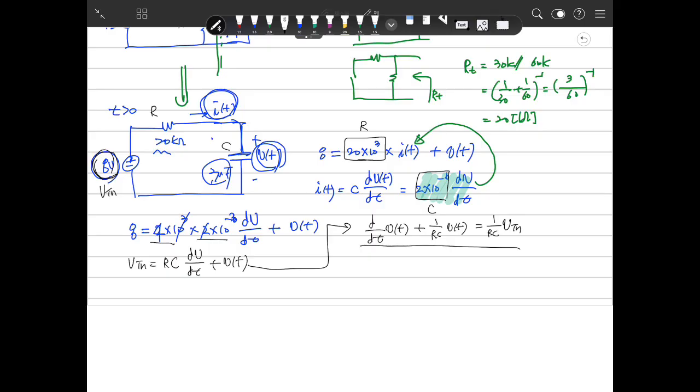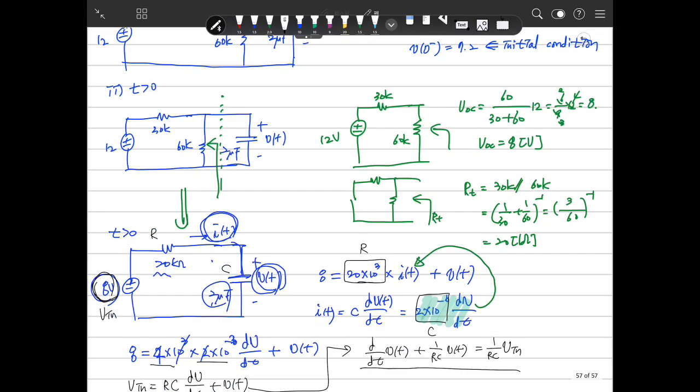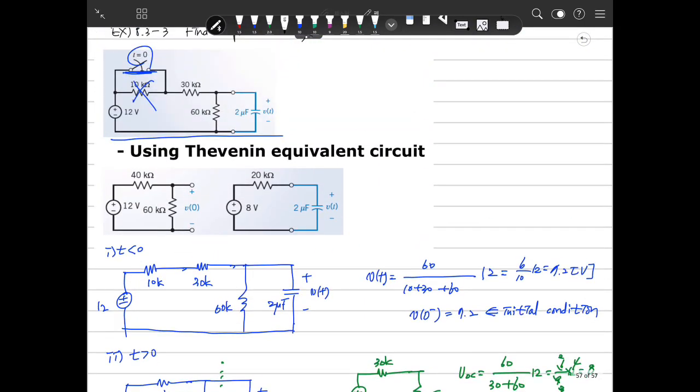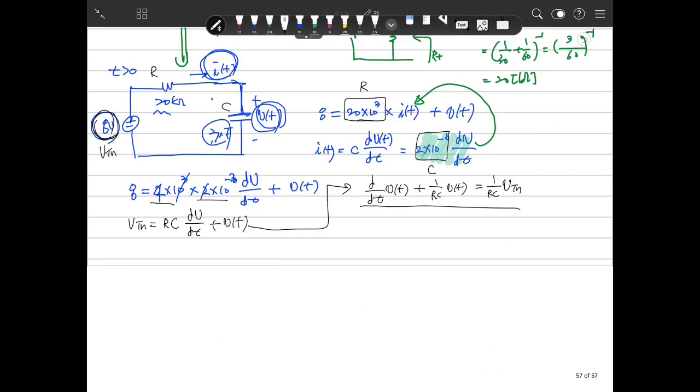That is the problem. What is RC? Okay, we need more space. What is RC? R is 20 kilo ohms. C is 2 micro. So RC is 40 times 10 to the minus 3, so that will be 0.04.